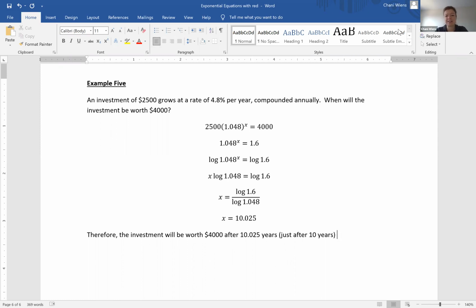So 10 years, 9 days, depending how specific you want to be, how much you want to show off your beautiful knowledge. And that, my friends, is exponential equations.